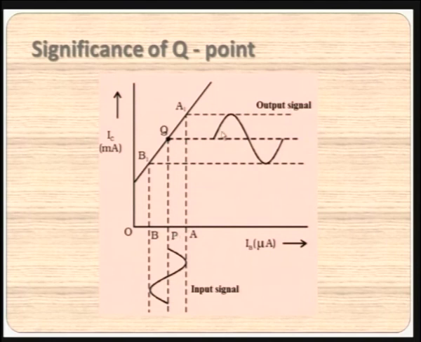But there is an amplification done, because when we look at the ranges, the input is in the microampere range, whereas the output is in the milliampere range. So, there is a current amplification possible. This is how the Q value decides the amplification done in an amplifier.